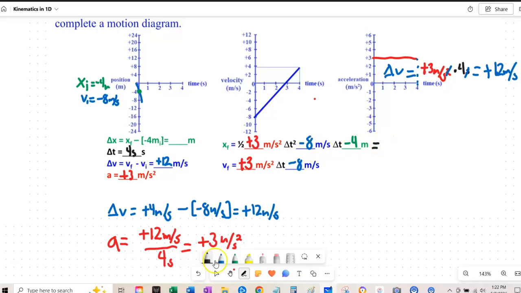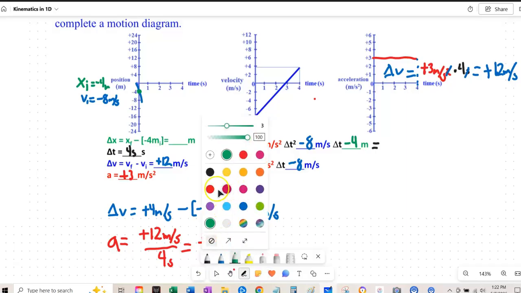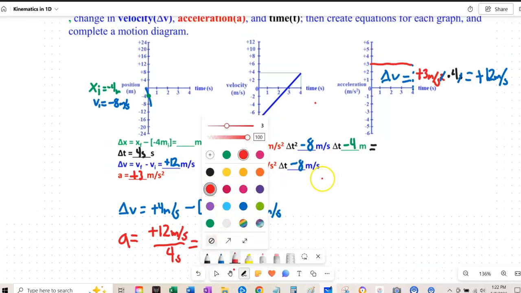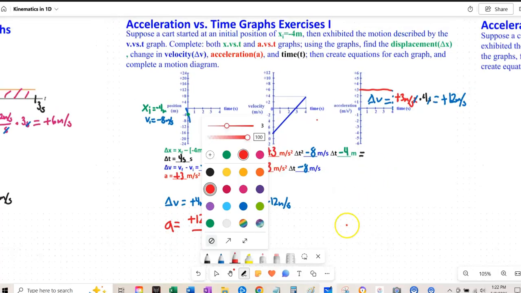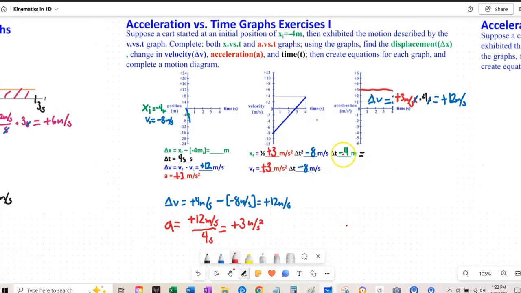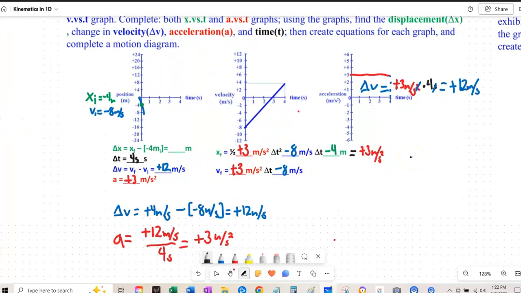So let's do that. I'm going to try to color code this. And I'm going to zoom out a little bit so we could actually see the whole problem again. So this is going to be a positive 3 meters per second squared. And we're going to multiply this. Maybe I should zoom in a little bit.